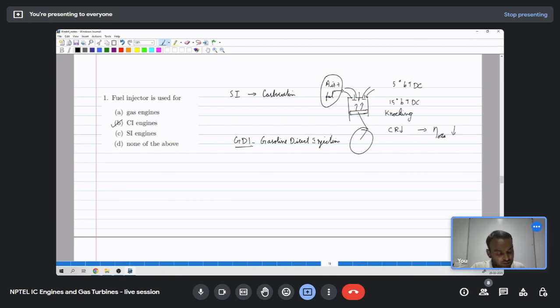So that way GDI engine is better when compared to the conventional SI engine.